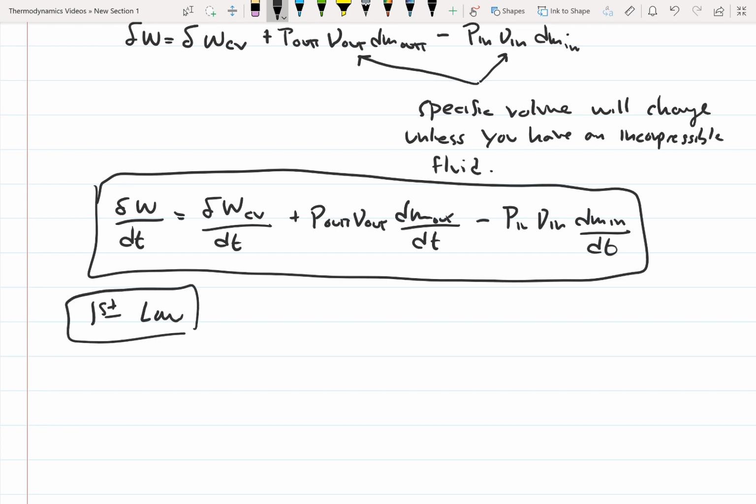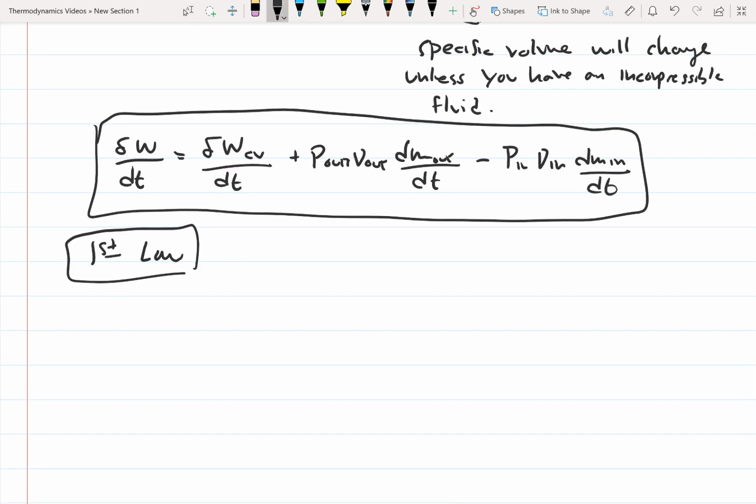So we know that the first law is Q minus W is equal to delta E. And we can rewrite this as dQ/dt minus dW/dt is equal to dE/dt.